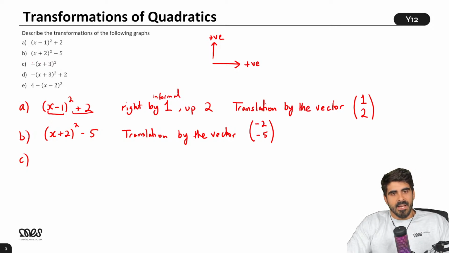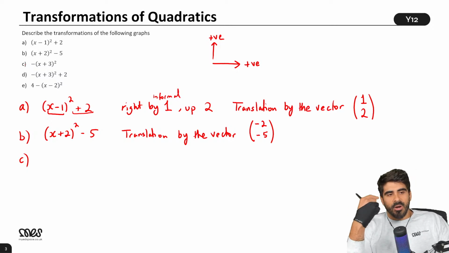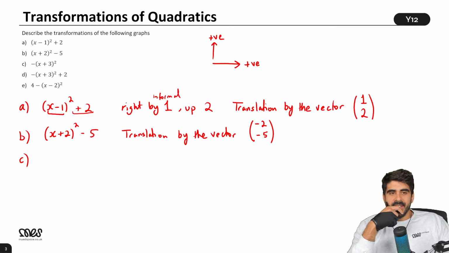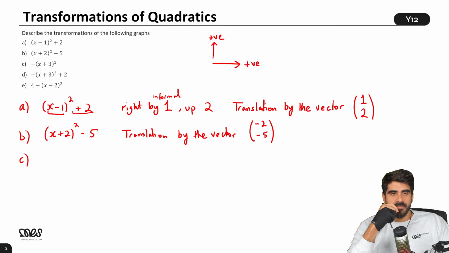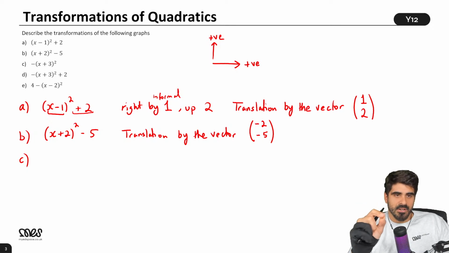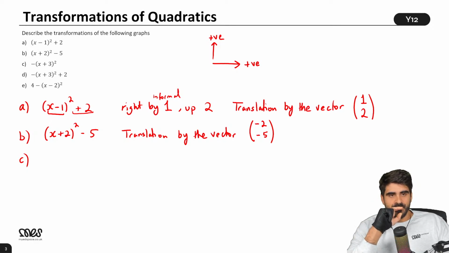The first thing I want you guys to tell me is, the negative that's on the outside of the bracket, is it affecting the x values or the y values? Because once you understand that, it becomes pretty simple.